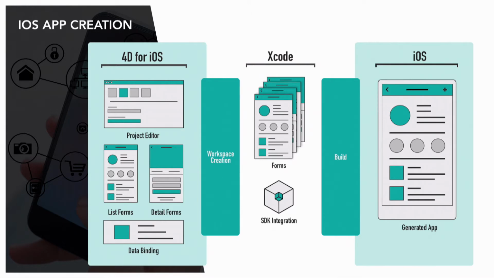So I was saying, we have the interface to create the project, which is the project editor, and the project editor is used to define your own forms and to do the data binding. When we are drag and dropping the fields, we are just binding the data to each form. It also contains a template of an iOS application, and we are just replacing and injecting the changes that you have defined in the editor within the Xcode project.